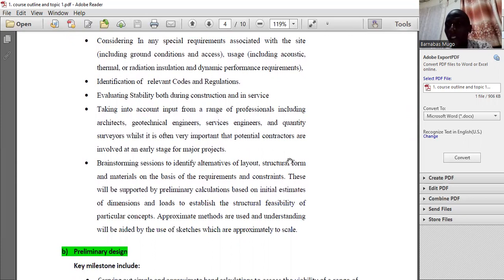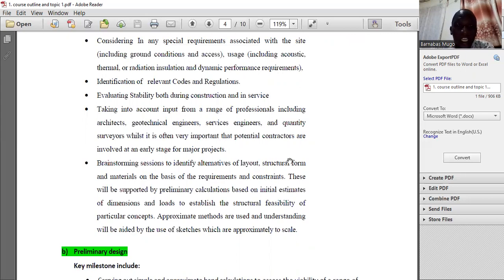It's not only the engineers who are required during the construction and design of the building. The other people we require include the architect, the geotechnical engineer, the surface engineer, and the surface controls people. Those are some of the other people that must come into play when you are doing any construction.